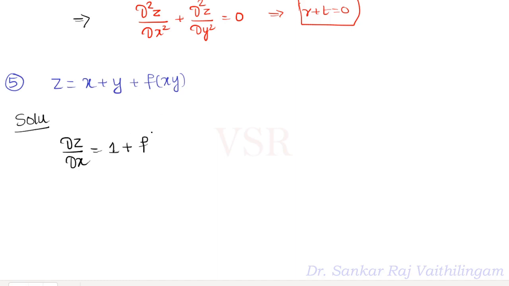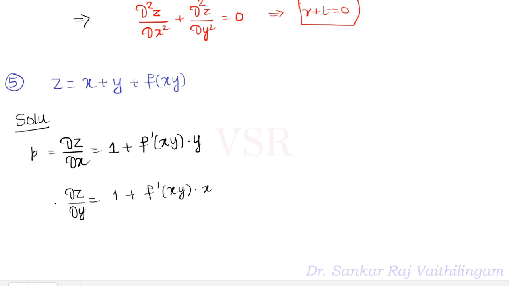That is f dash of xy into y. Okay, அதே மாதிரி dou z divided by dou y which is equal to இது 0, இதை டிஃபரன்ஷியேட் பண்ணா 1. அப்போ 1 plus இது யாரு f dash of xy into x, y பொறுத்து டிஃபரன்ஷியேட் பண்ணா எனக்கு x கிடைக்கும்.